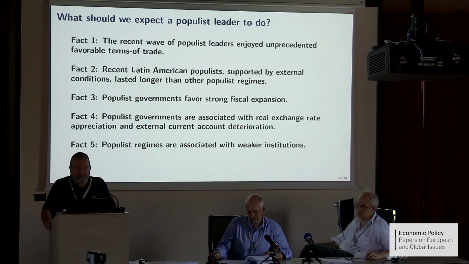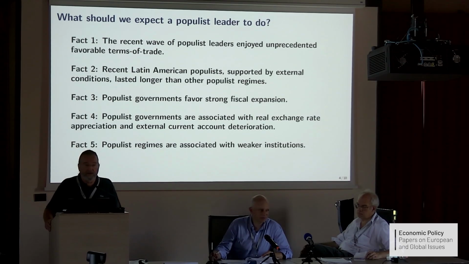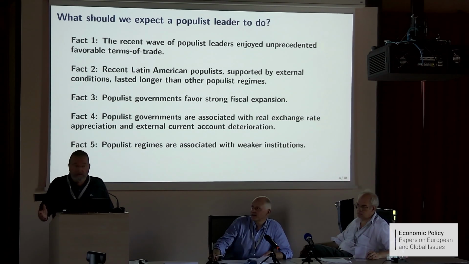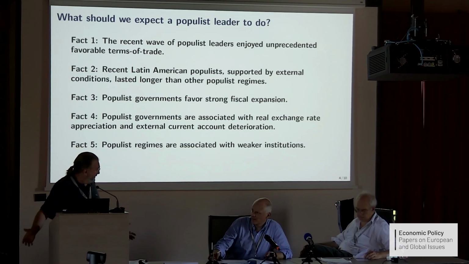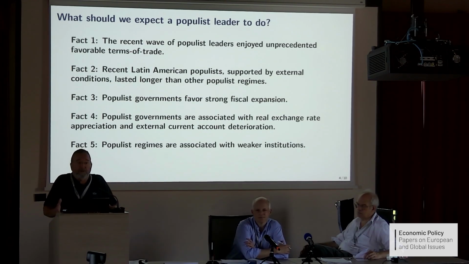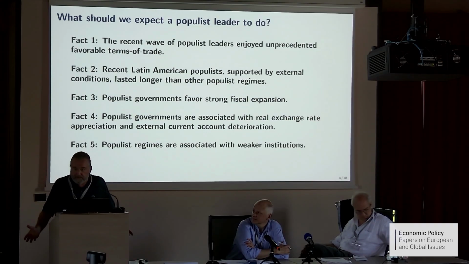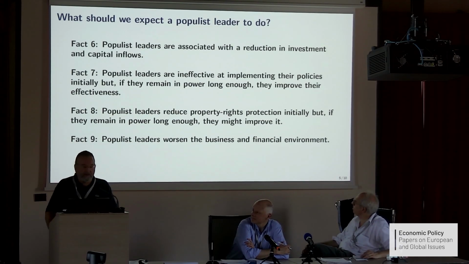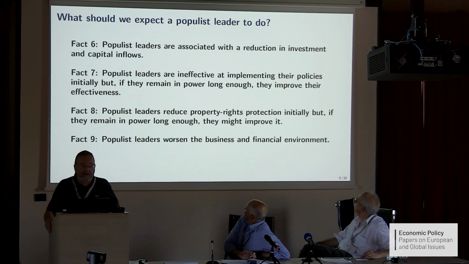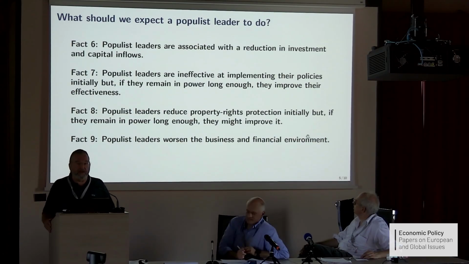And populist regimes are associated with weaker institutions. We're going to see all of that in a second. But before that, I was wondering, what would you write on top of that? What other facts would be useful to check, given the sample that we have and the type of comparisons that we are making? And I said, populist leaders are associated with a reduction in investment and capital flows.